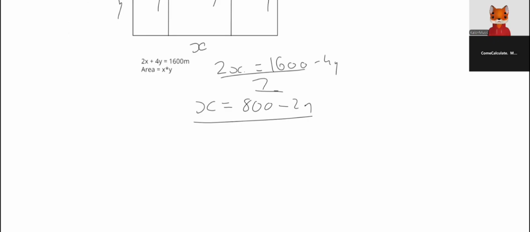Now, let's substitute. So, we'll take the total area equation, and instead of x, we'll substitute it with y. So then we have 800 minus 2y multiplied by y.